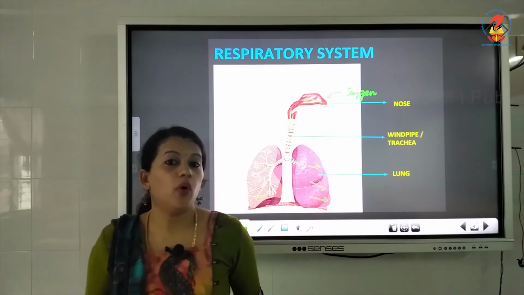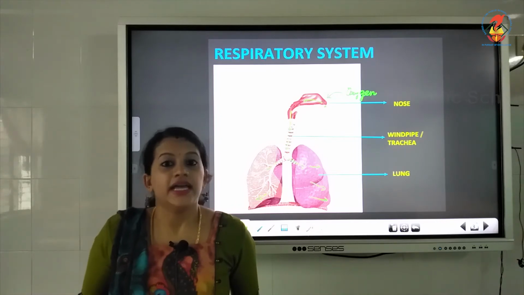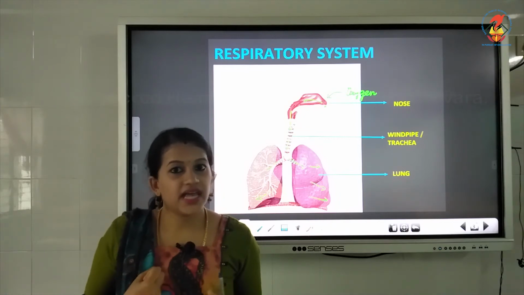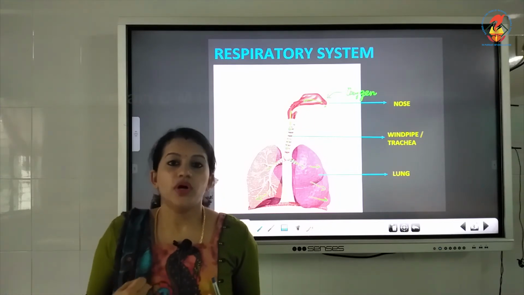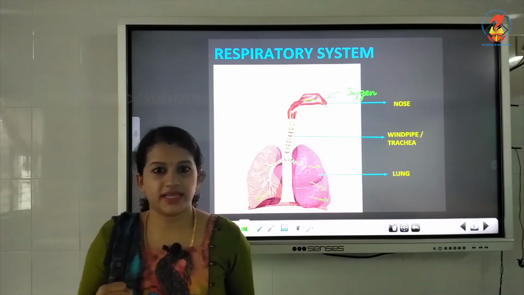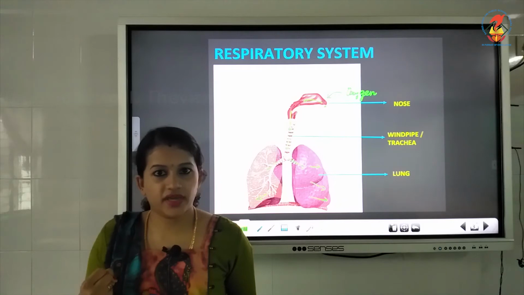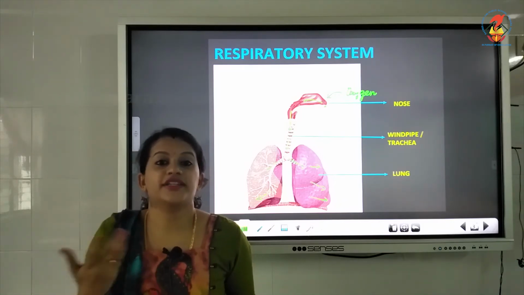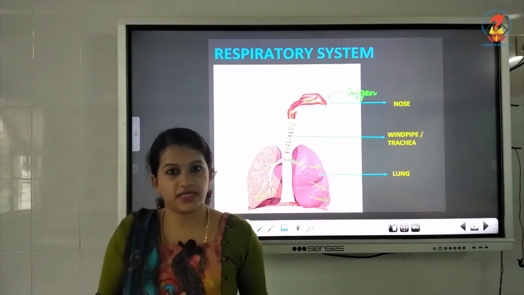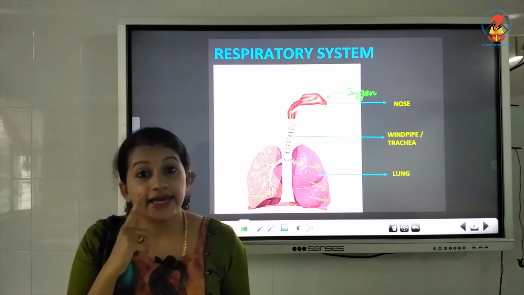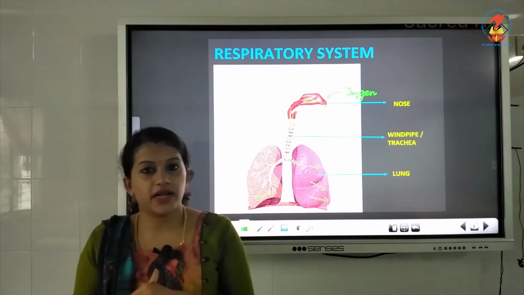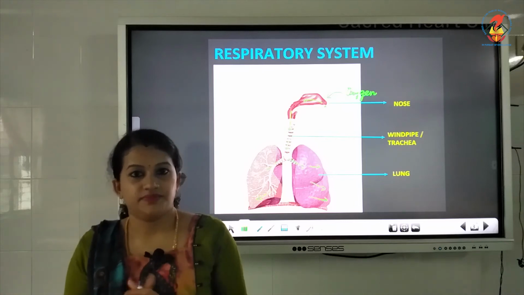It will catch all the dust particles that are in the air. Otherwise, what will happen? The dust particles are harmful for us, isn't it? So it is preventing the dust particles. It is just like the filtering unit that you find in a filtering machine. The hair inside our nose will trap the dust particles that are present in the air that we breathe in.